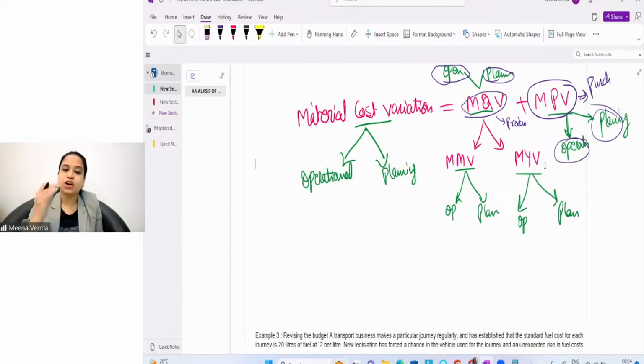Now we will study what was the fault in planning and what was the fault in operation, what variation arises because of the fault in planning, and what variation arises because of the way we are operating. We want to know the variation of both, the responsibility of both the line management as well as the strategic level management.